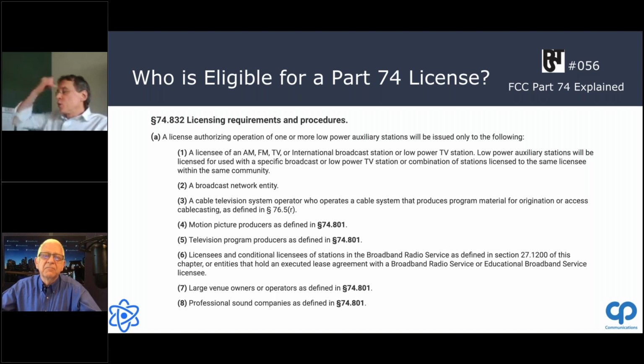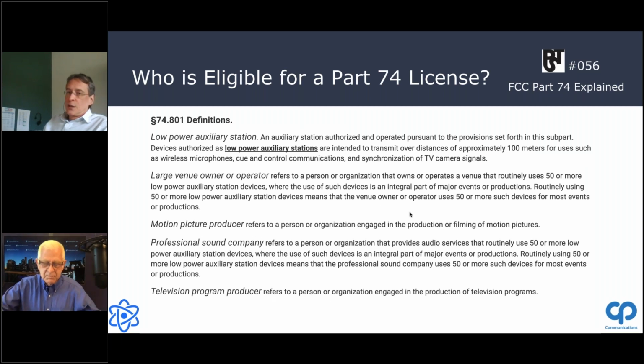Well, they don't define the word routinely explicitly, but if you look in 801, the closest you get to a definition is routinely using 50 or more low power auxiliary station devices means that the professional sound company or large venue operator or owner uses 50 or more such devices for most events or production.